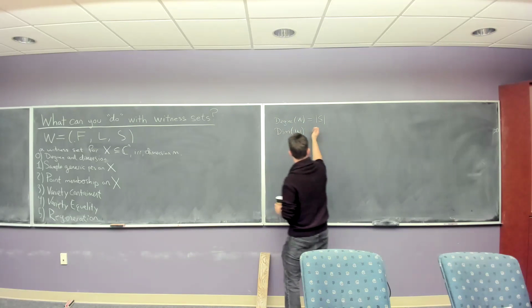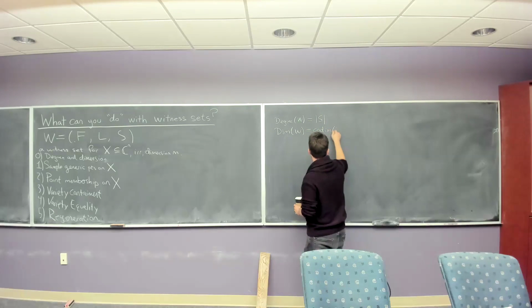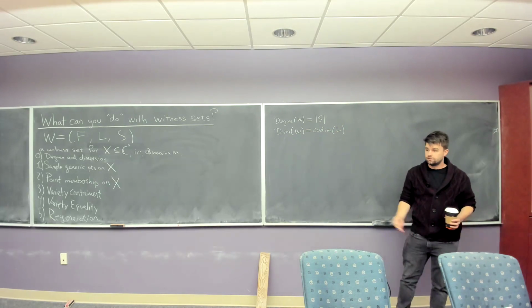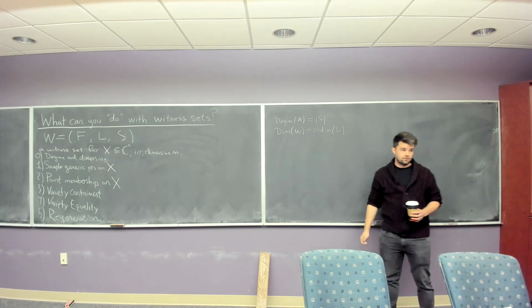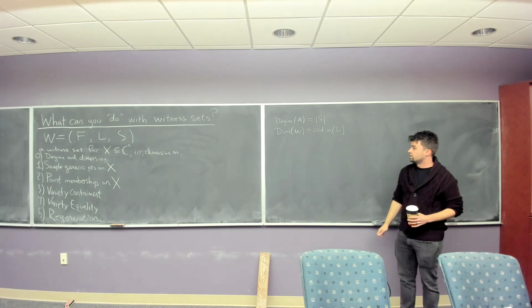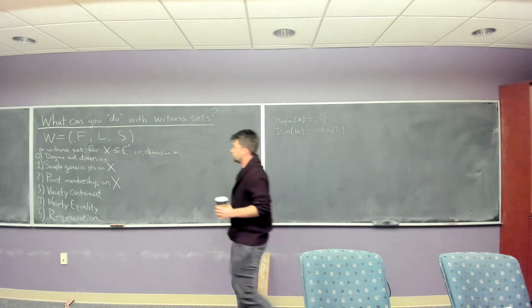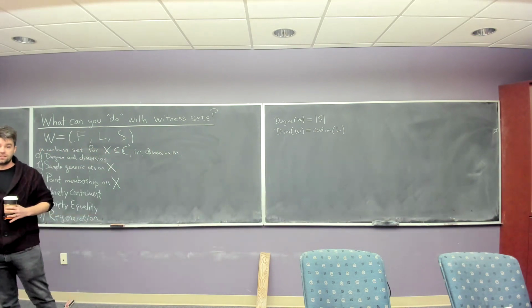The dimension of your variety given a witness set is just the codimension of L. L had to be picked generically of complementary dimension. So these are two affine invariants of your variety, which are really inherently baked in to the data type of a witness set.